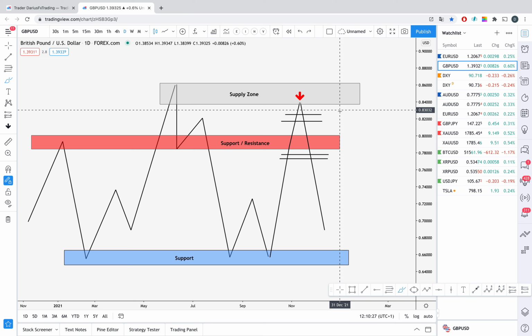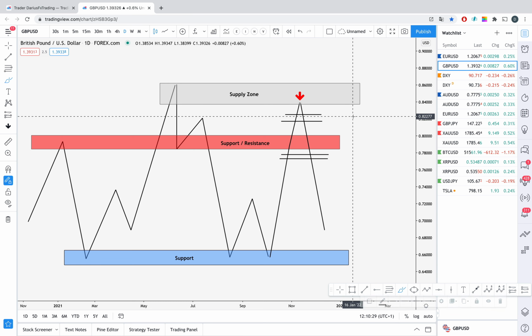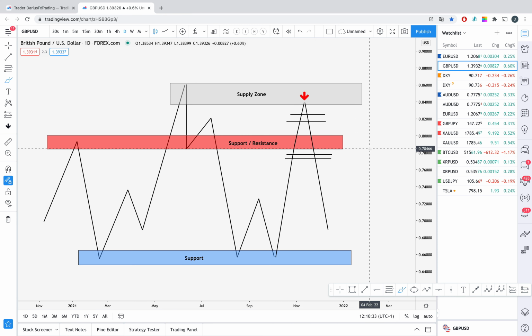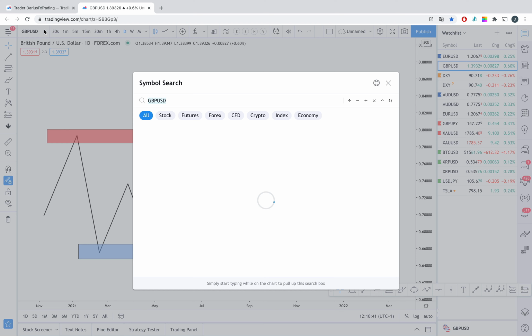Maybe also in the supply zones you will have fake outs. That's also possible, exactly like on support resistance, but supply zones work much better compared to the support resistance, okay? That's super important, guys, to find this out, okay?